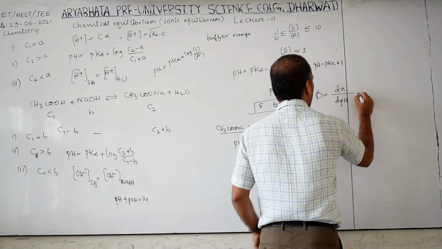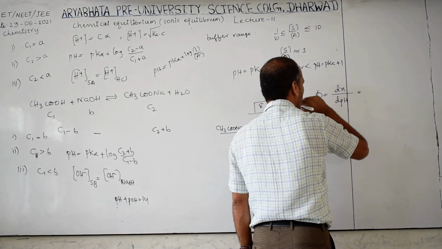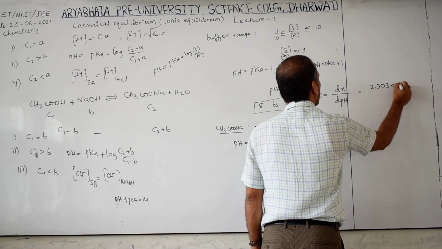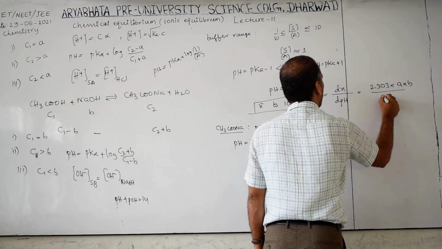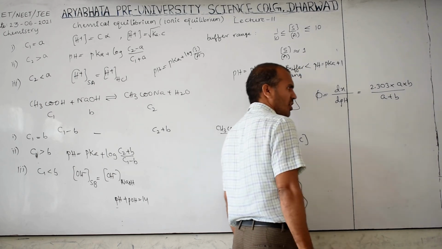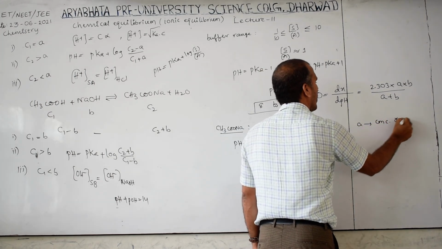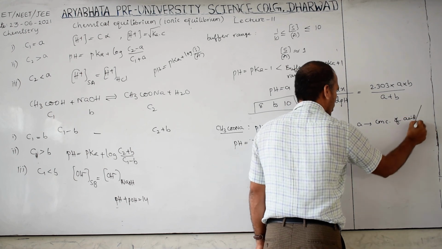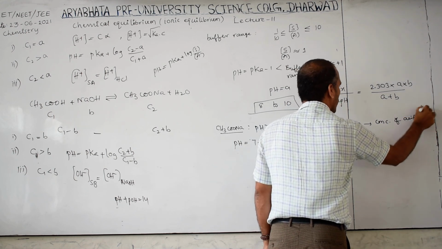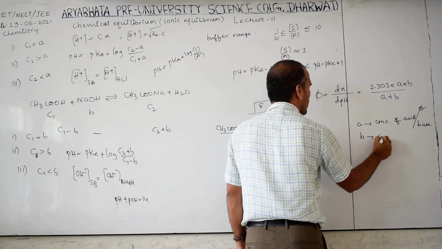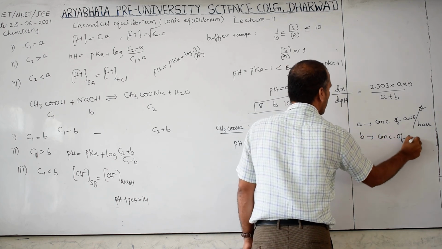This dx is equal to 2.303 into A into B by A plus B, where A is the concentration of acid or base and B is the concentration of salt.